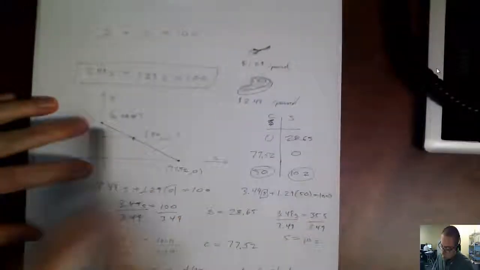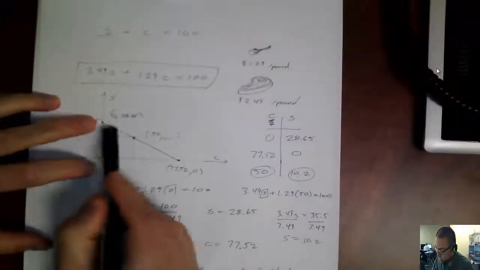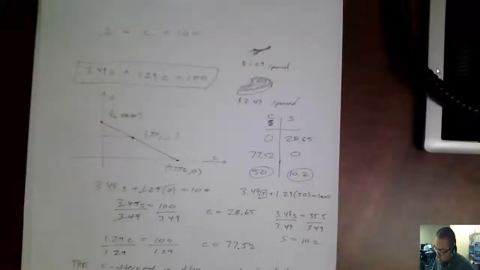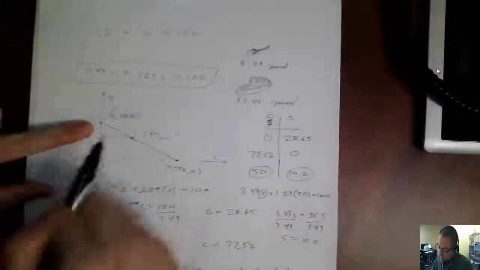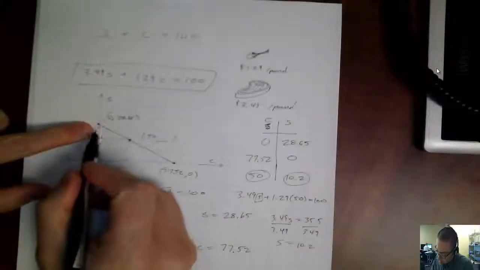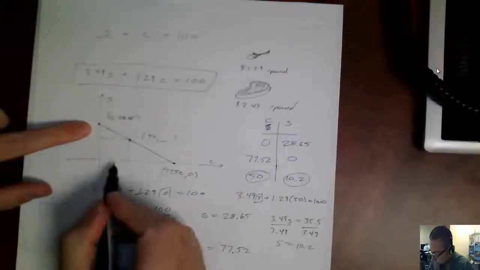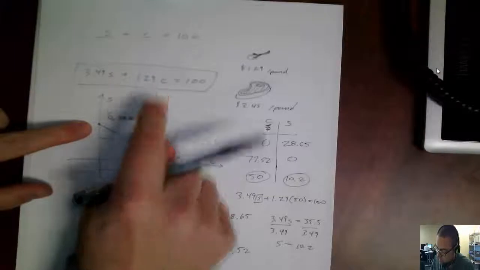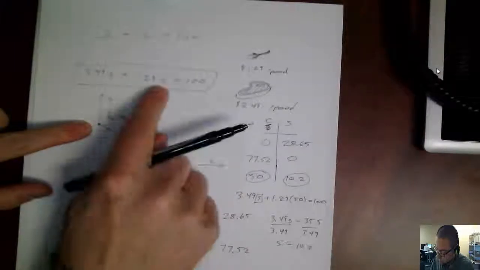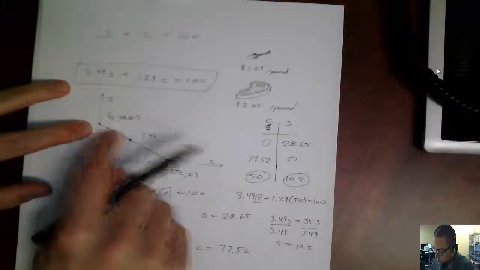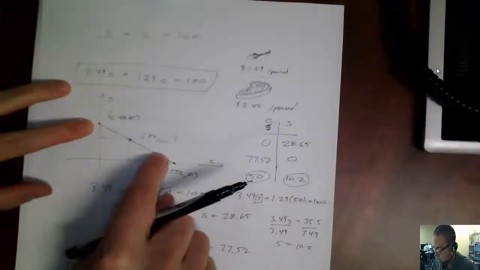Oops, I forgot to answer the question: what is the meaning of the slope in this context? So the meaning of the slope, it's going down so much and over so much. It's kind of a difficult question, but actually the ratio of the steak to the chicken price is really what the slope of the line is.